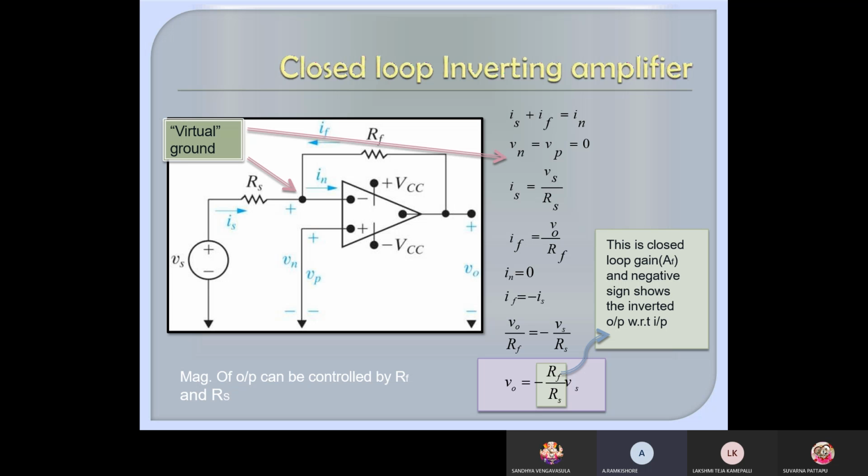For the closed loop inverting amplifier, we are considering a virtual ground. So this is the closed loop gain, and the negative sign shows the inverted output with respect to the input.